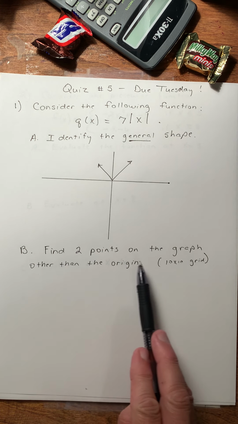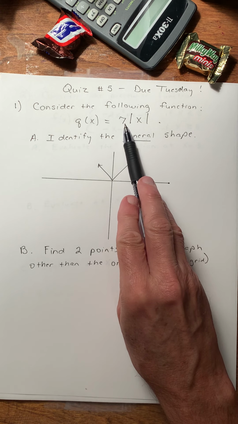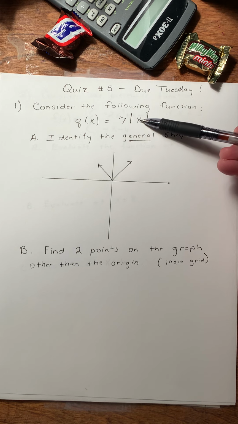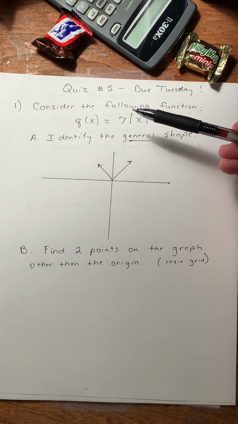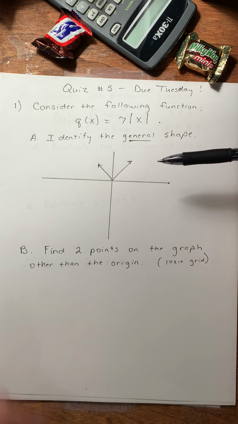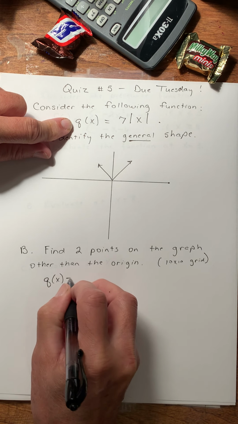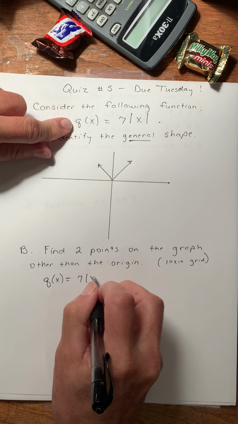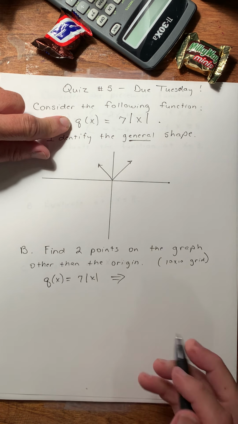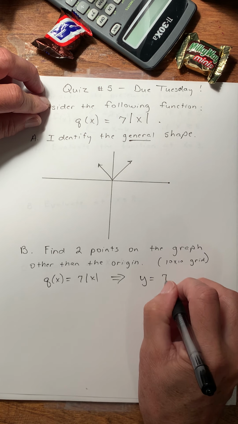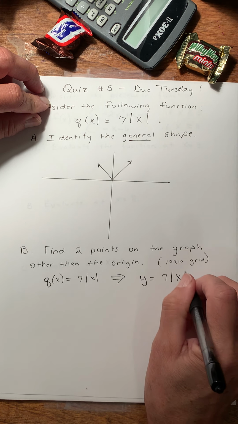Secondly, it says find 2 points on the graph. This is the graph other than the origin, so I can't use 0 for my x. Now remember this, Q of x equals 7 absolute value of x is the same as, it's just a different form of, y equals 7 absolute value of x.